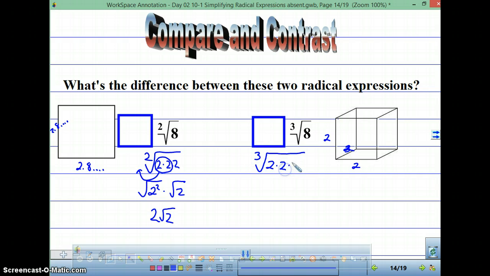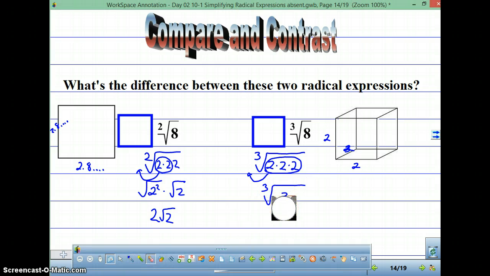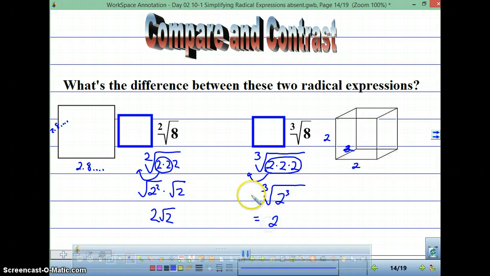Once again, we just write 8 as its primes. But this time, we look for 3 numbers that match and take it out. We say this is the same thing as the cube root of 2 cubed. Those are inverses. That equals 2. Okay?